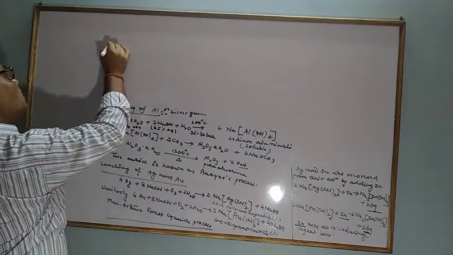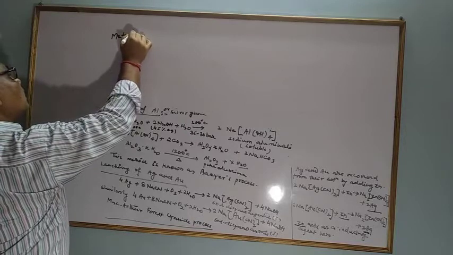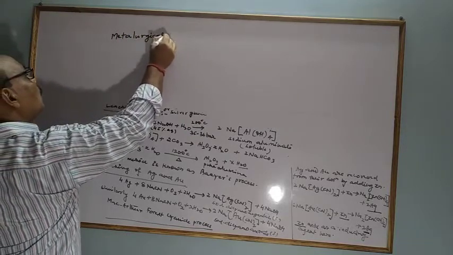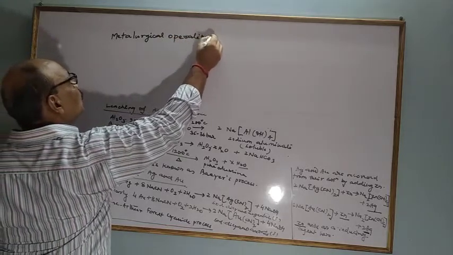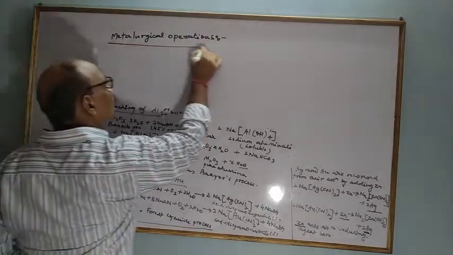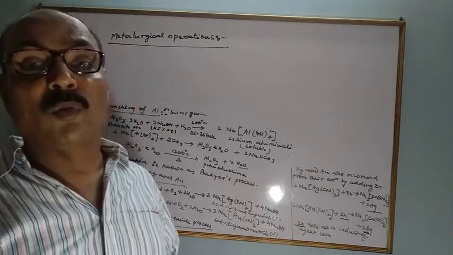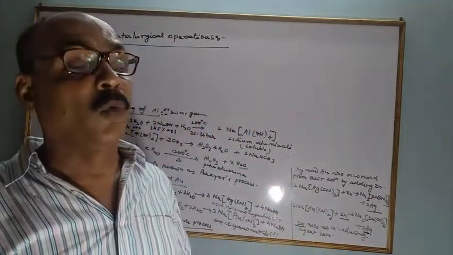So metallurgical operations: four operations are required for the successful extraction of pure metal from any ore.